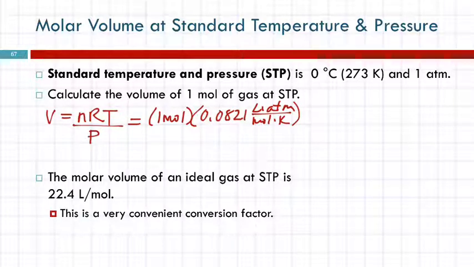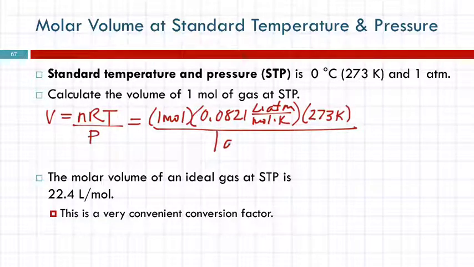The temperature now is 273 Kelvin, and the pressure is 1 atmosphere. Do the math and see if I'm right. So 0.0821 times 273 times 1 divided by 1 is 22.4.